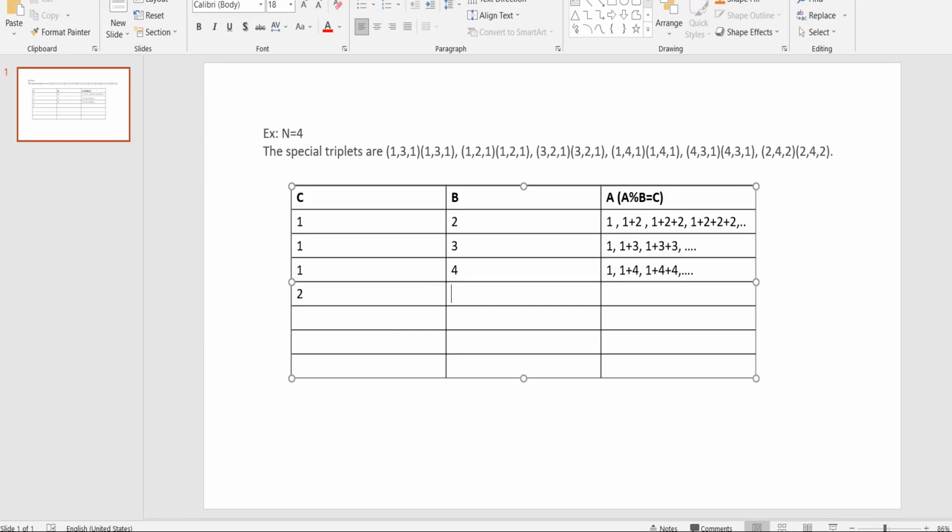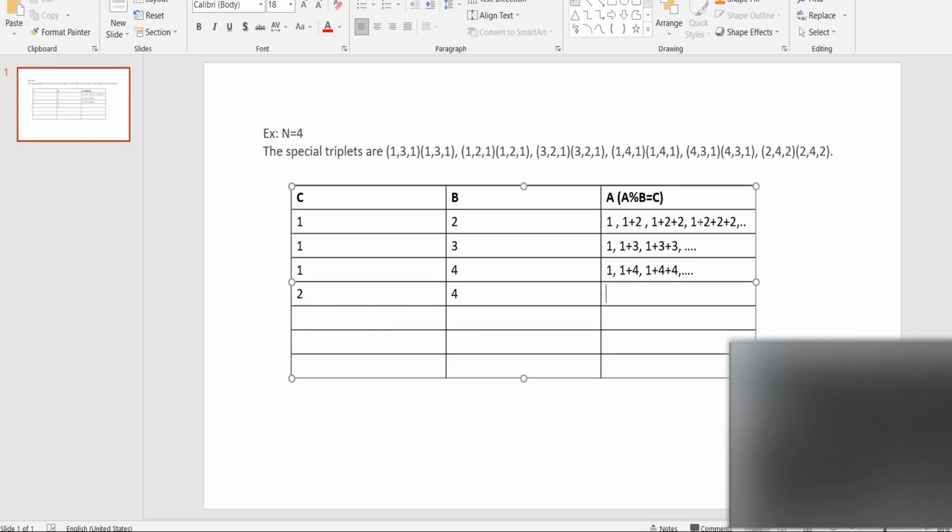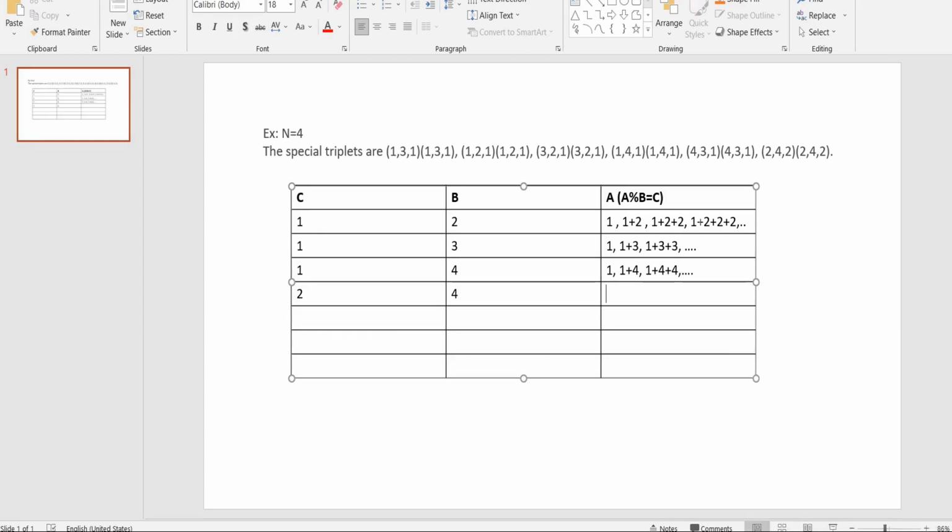So the first one that we can take is 4, and the a that we can take here is 2. Why? Because 2 mod 4 is equal to 2.